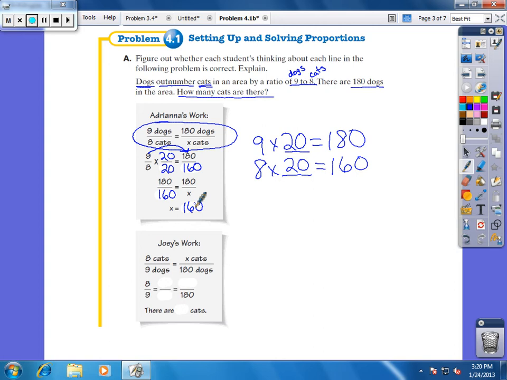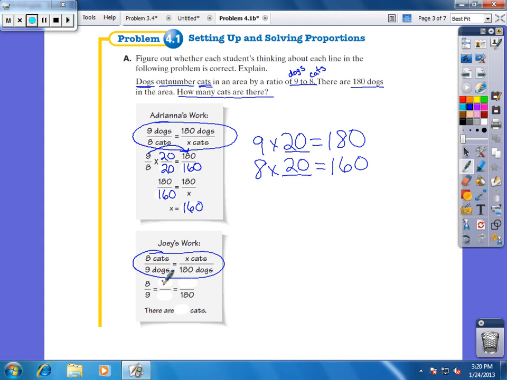He set up the following ratio: 8 cats to 9 dogs equals, he doesn't know how many cats, to 180 dogs. What ratio can I make out of 8 to 9 that is going to get me close to 180? Remember, multiplying by 10 is always an easy thing to do.